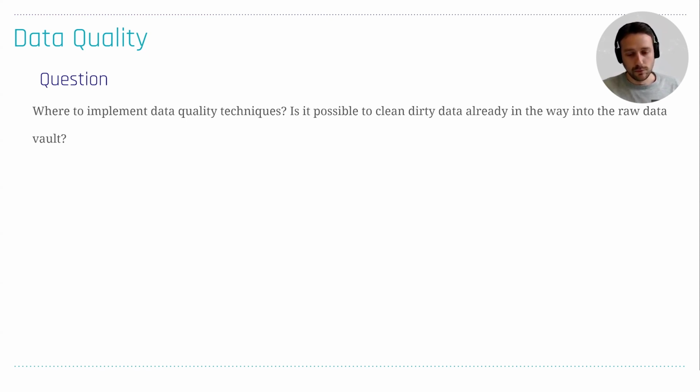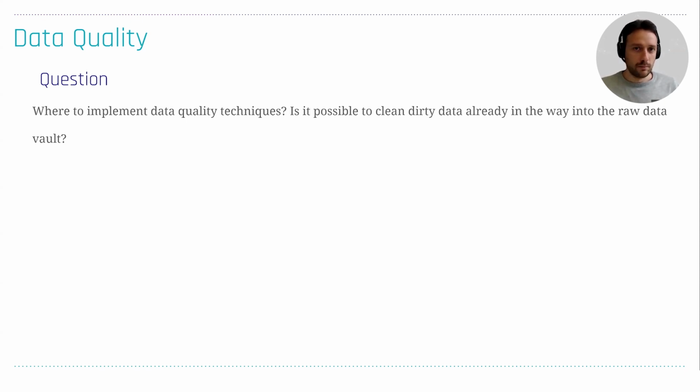So in the beginning, let's talk about what a data quality technique is. There are a lot of different techniques, but I think the most common one, and I guess where the question is aiming at, are cleansing rules: cleaning bad data, improving bad or ugly data.